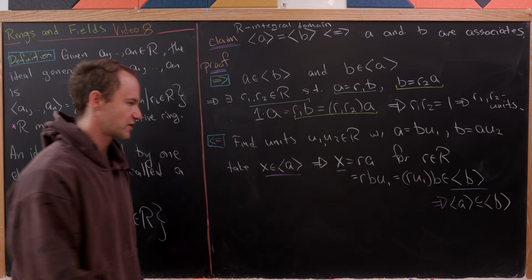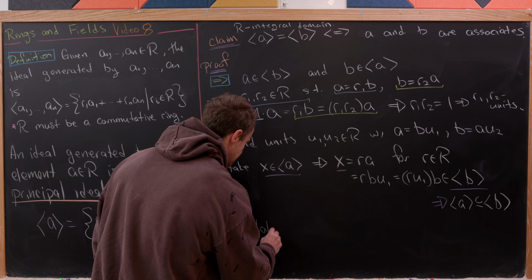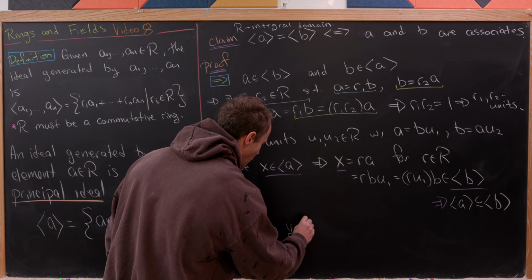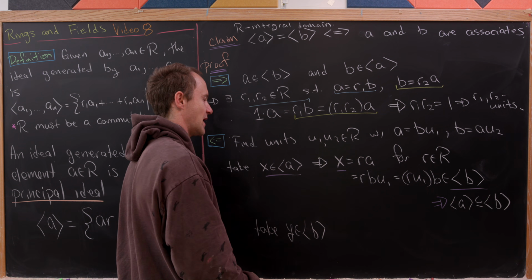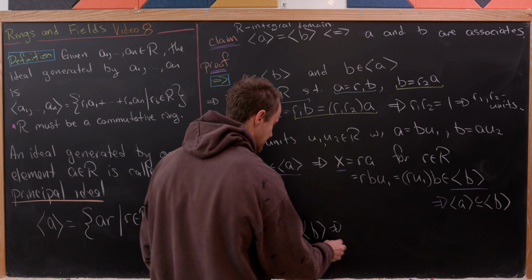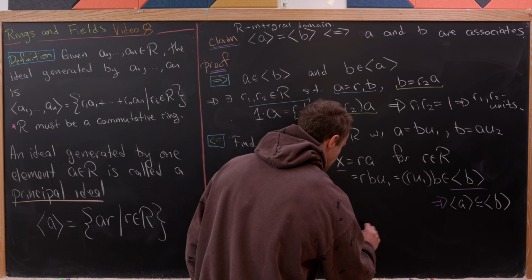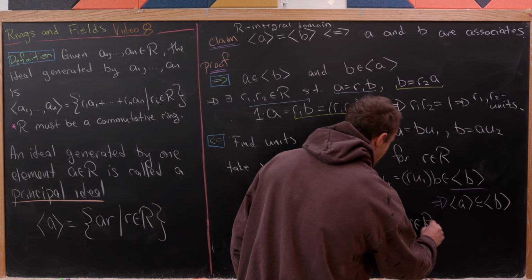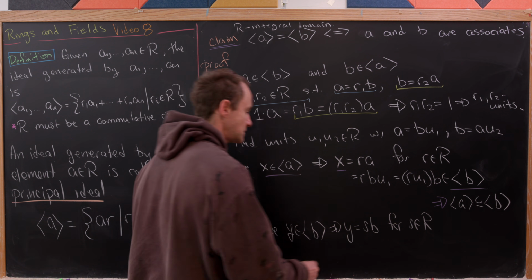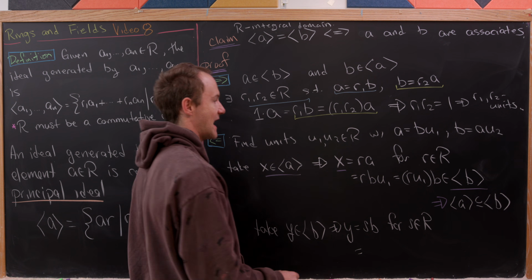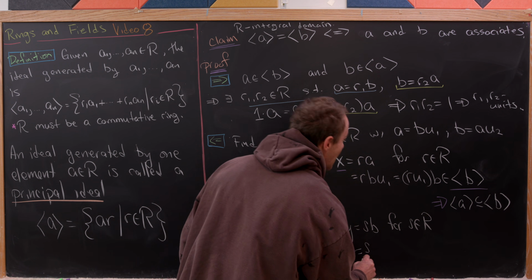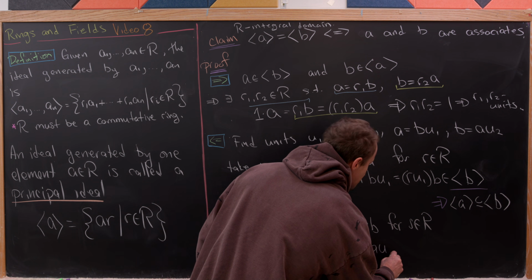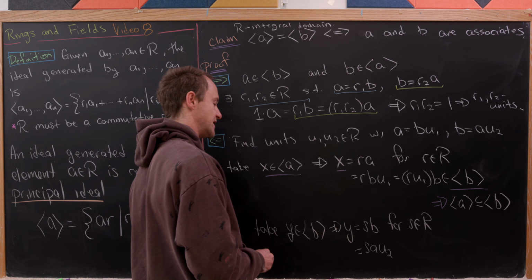Now let's go in the reverse direction. So let's take perhaps something we would call y inside of the ideal generated by B, but that means that y is equal to s times b for some s inside of my ring R. But now I can rewrite that as s times a times u2 using my equation up there.